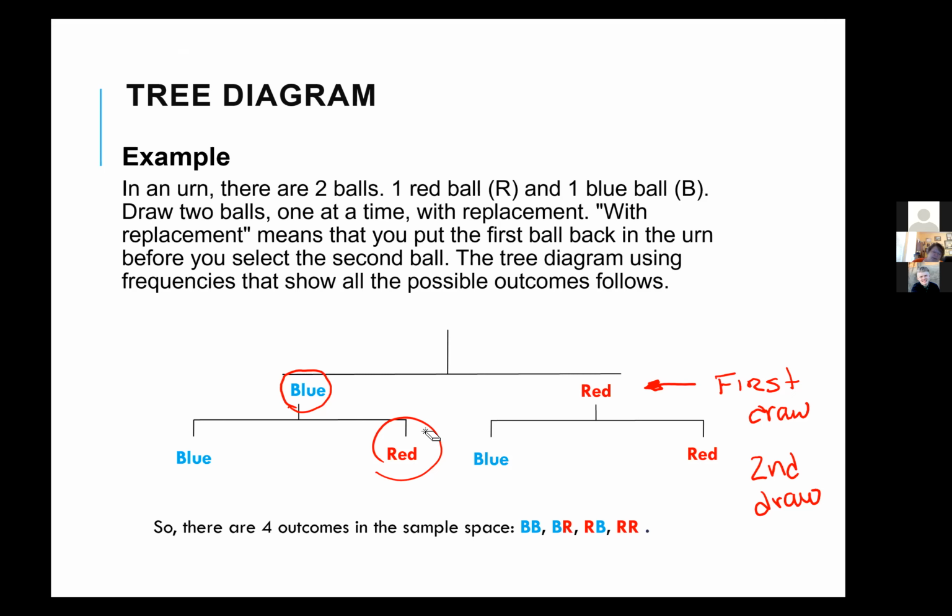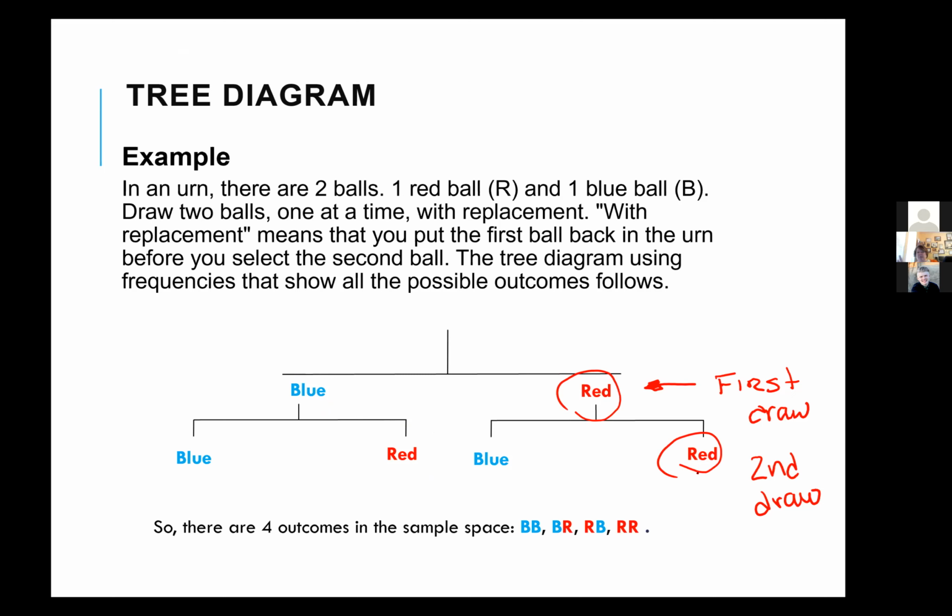The second set of possible outcomes is you could draw a red one out first, put the red one back in there, draw the second ball out, and it could be blue. So you could draw red, blue. And then the fourth possible outcome is that you could draw a red one, put it back in, and then draw a red one. So you could draw red, red.